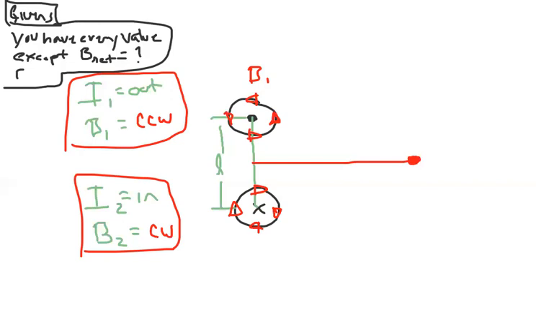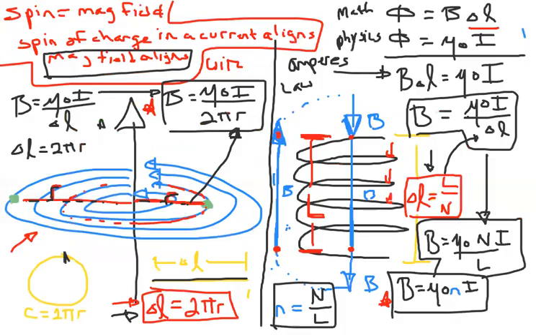Now that we know the direction of the magnetic field, we have to find the direction of the magnetic field here. We want to know what B net is there. It gets a little tricky because you have to see some things. First, the center of this circle should never change. This magnetic field is going to radiate out, so these circles are going to get larger and larger, like we said with this wire.